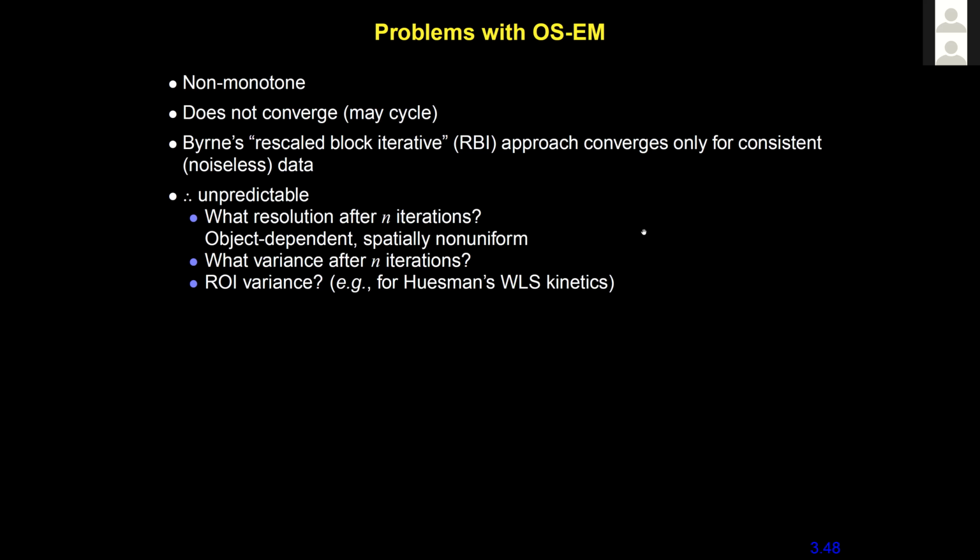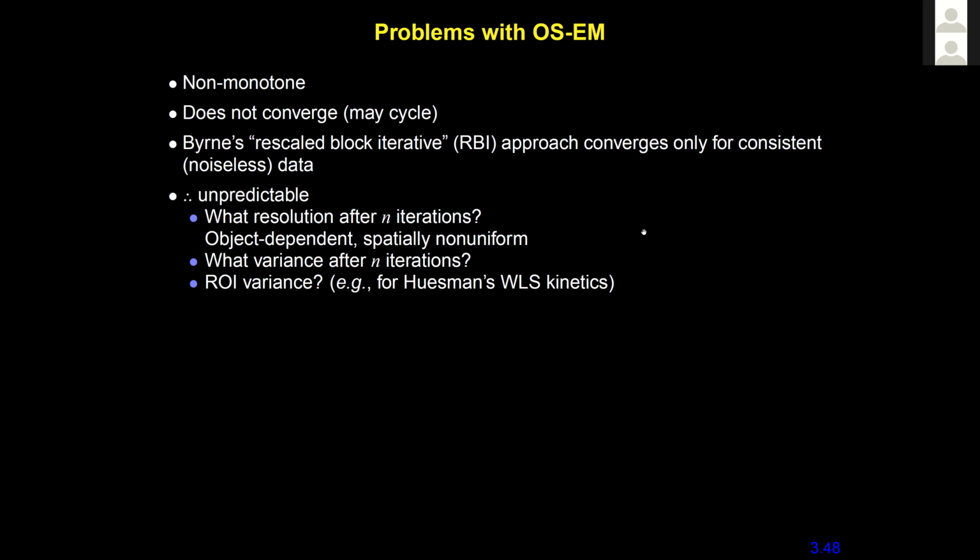But there are problems with OSEM. For example, the convergence is not monotonic, meaning that for each subset, you may have fluctuation in your loss function. This is one problem. The other problem is that it doesn't converge. We know that it converges to a large sphere around the optimal solution.